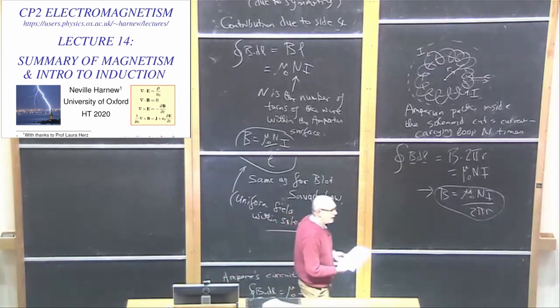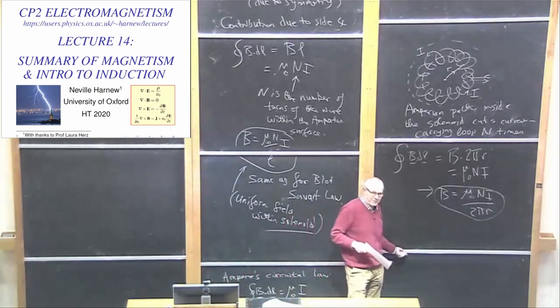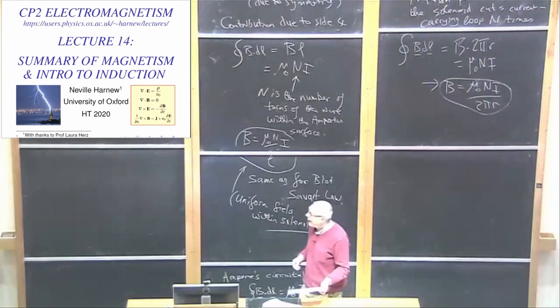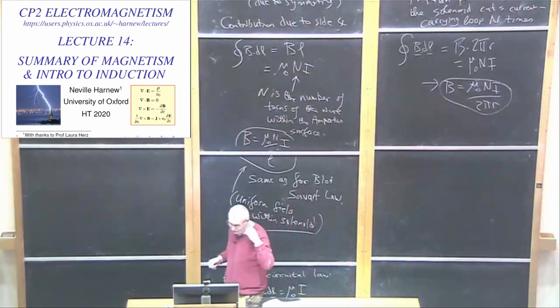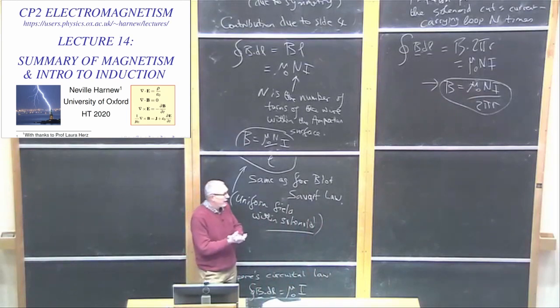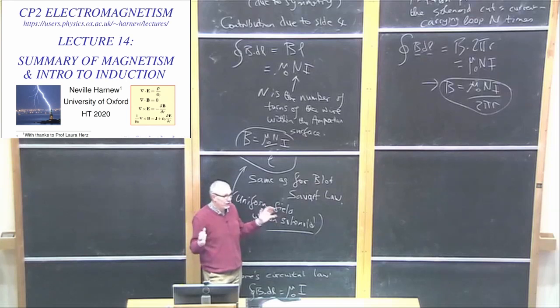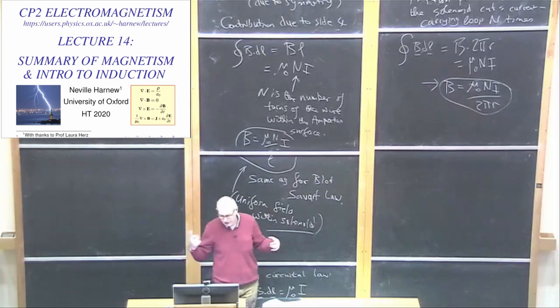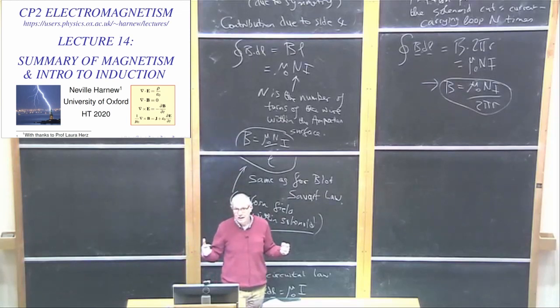So I'm half a lecture behind. What I'm going to do now is just summarise everything we've done about magnetostatics, i.e. steady currents, and then I'm going to come on to induction.